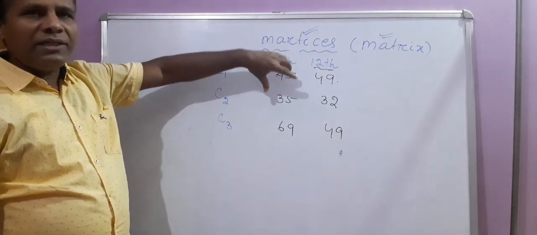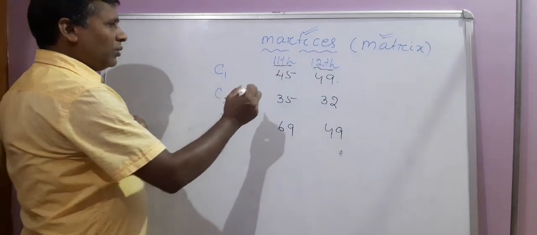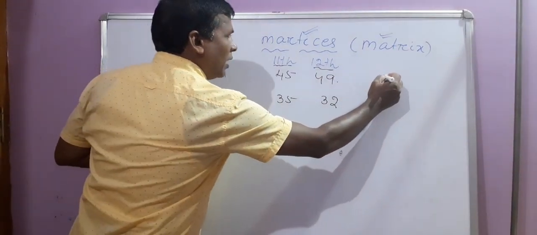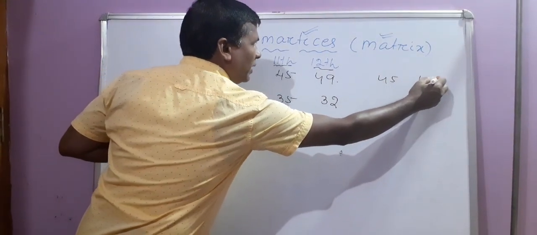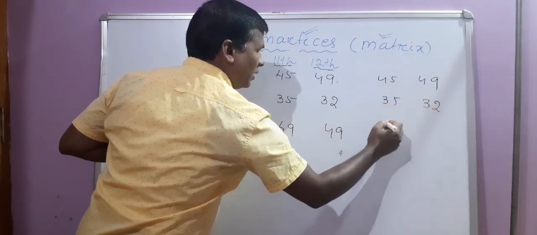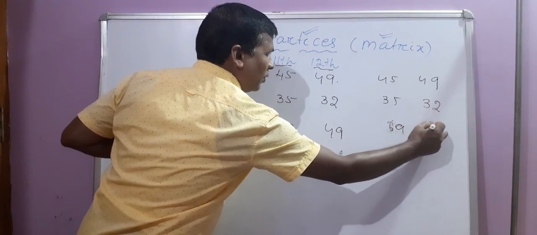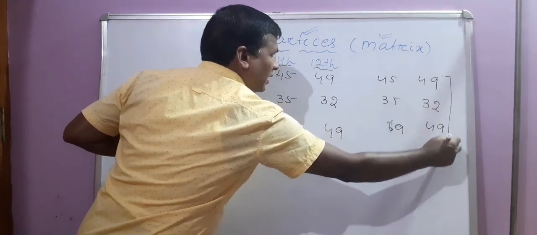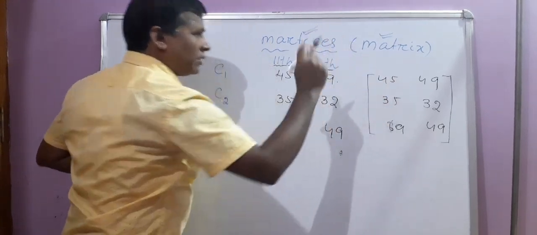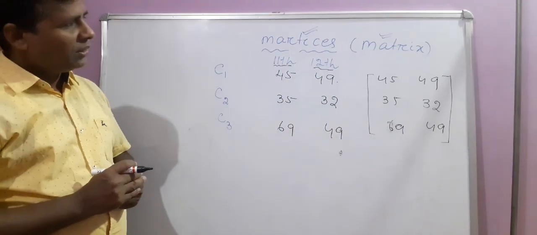If that is arranged in a systematic order, it is 45, 49, 35, 32 and 69, 49. This system of arrangement is known as a matrix.